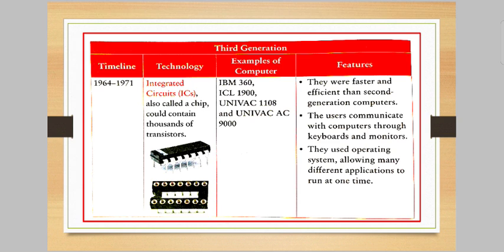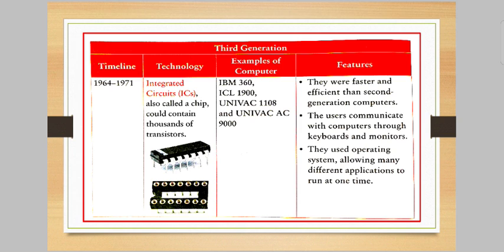Now they are faster and more efficient than second generation computers. The user communicates with computers through keyboards and monitors. They use an operating system allowing many different applications to run at one time.